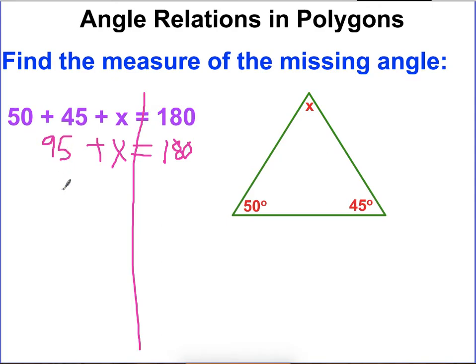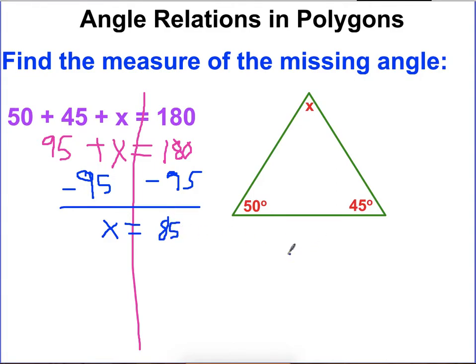We're adding 95, so do the opposite, minus 95. And remember, we have to do that on both sides of the equation. So over here, minus 95. Then I have x equals 85. So my missing angle measure is 85 degrees.